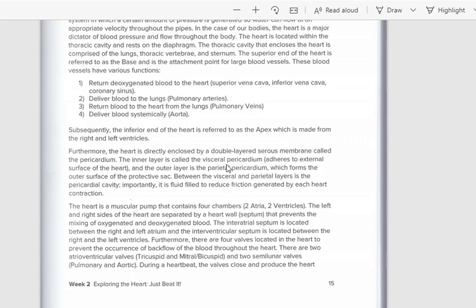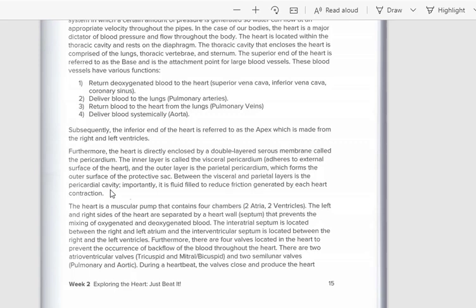The one that touches the heart itself, the innermost layer, is called the visceral pericardium. And outside you have the parietal. All of this fits into the pericardial cavity.